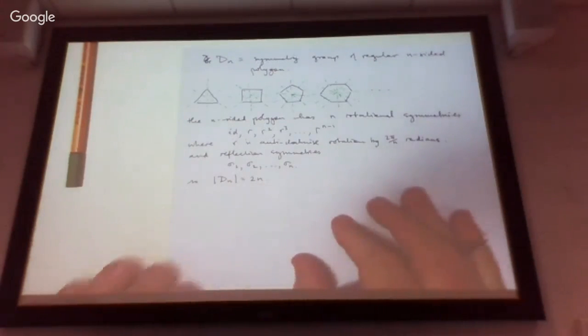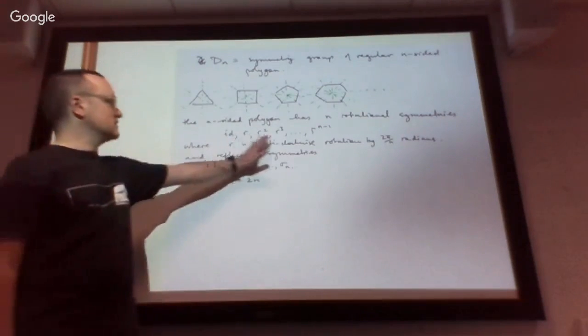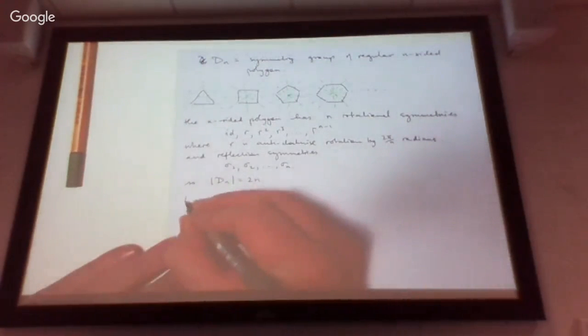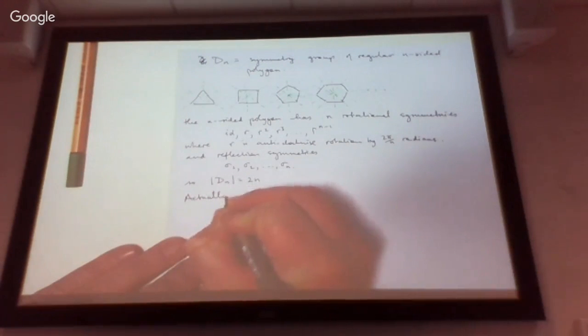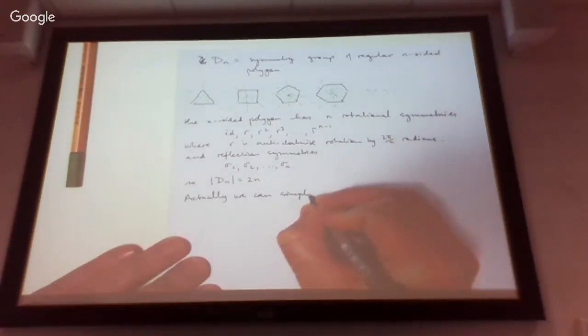Now, what it's very nice to know about the dihedral groups is there's a very nice way of representing the elements. We don't actually need all these different symbols. Actually, we can simplify the notation.